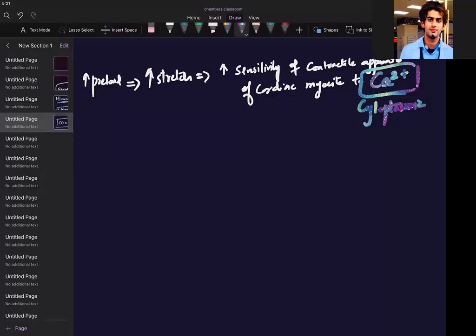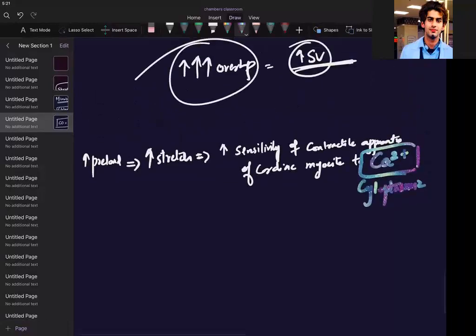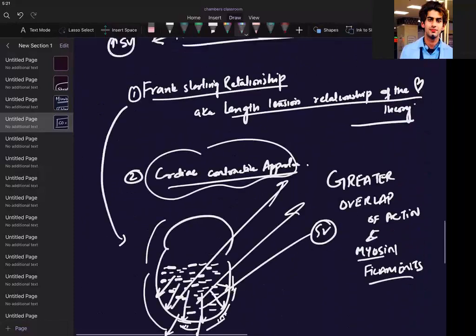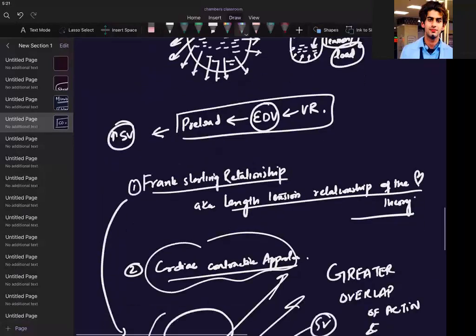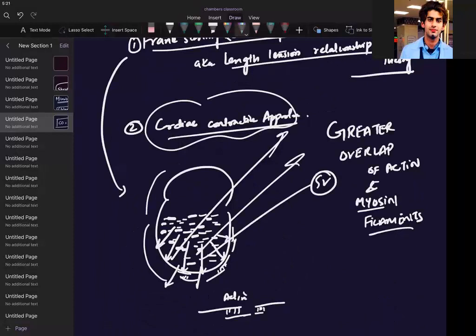Okay. So this is the Frank-Starling. These are the two theories which are actually supporting this business of cardiac output. Now see, guys. Can I say the preload is affecting the heart performance?